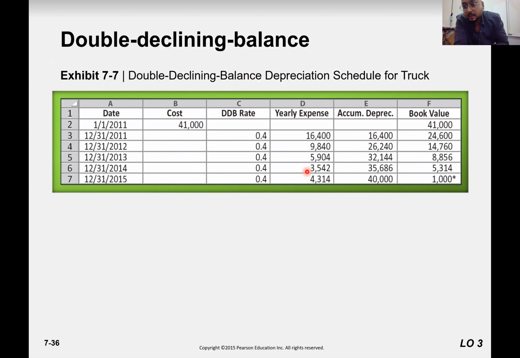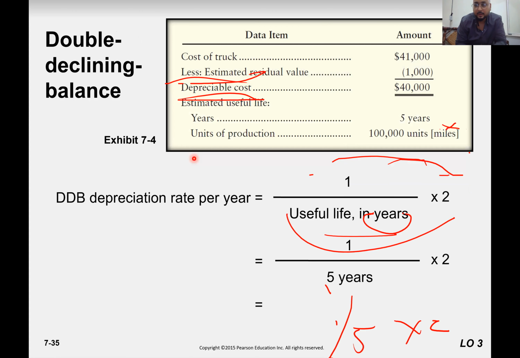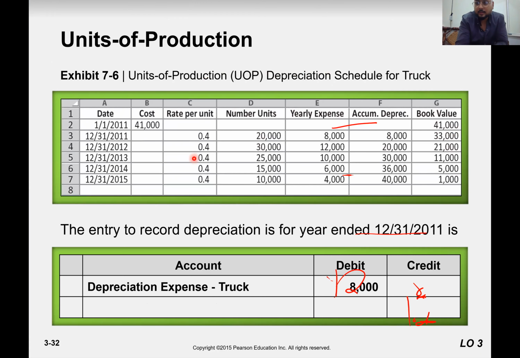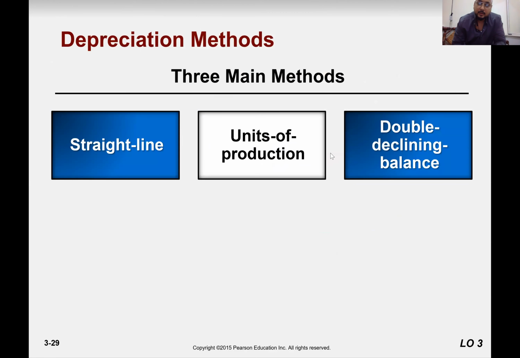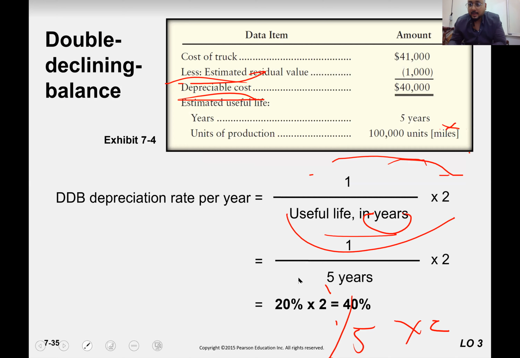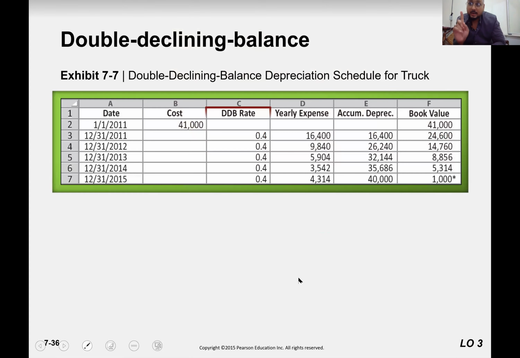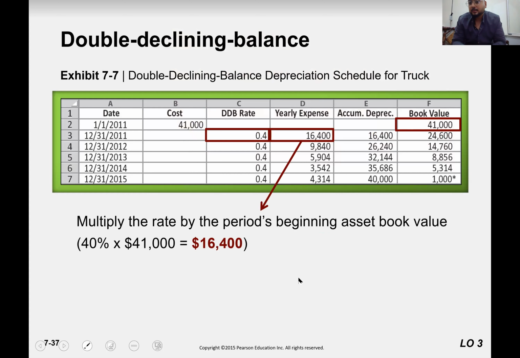In the later year it is a small amount, but here 6,000, and in the straight line method it is 8,000, straight 8,000. So what we have learned: in early years, which method gives you the highest depreciation? Double declining method. At the end of the years, which method is going to give you the lowest depreciation? Double declining method.